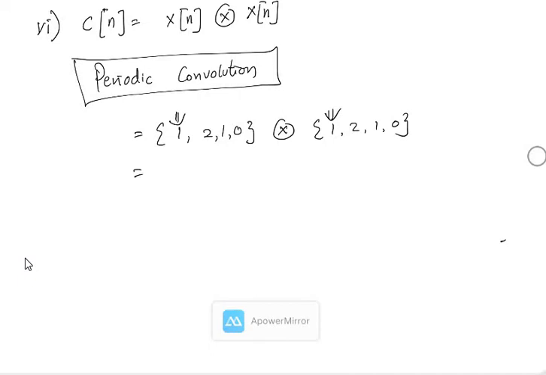What is the answer? You can either use the wraparound or the cyclic method. Just now we used the wraparound, now I use the cyclic method.